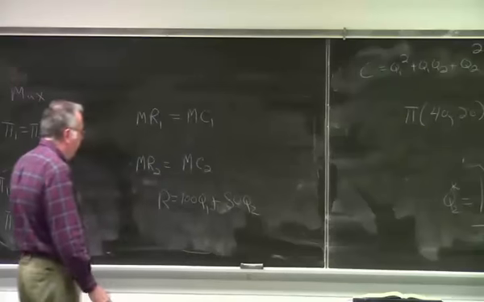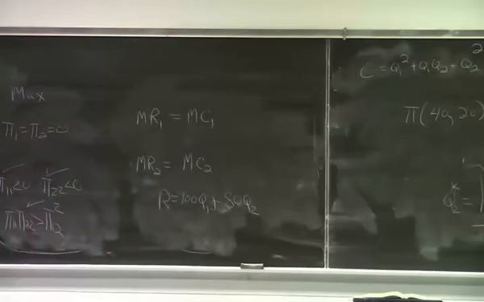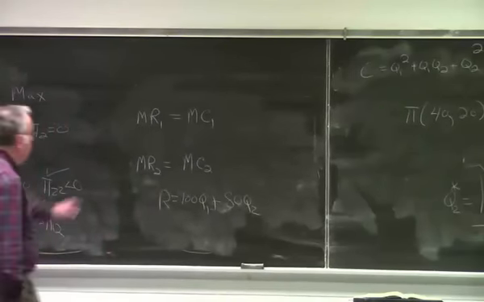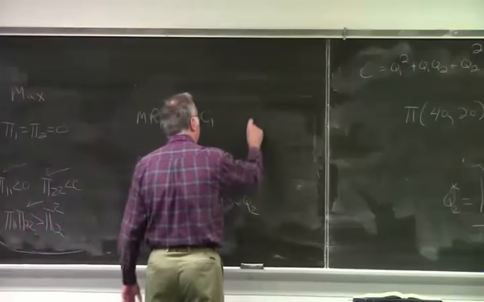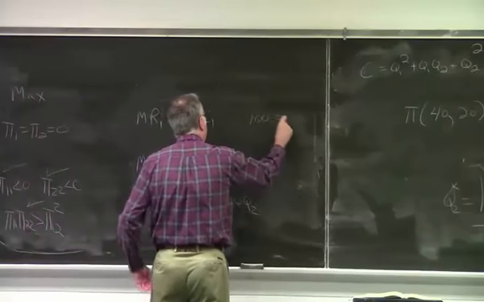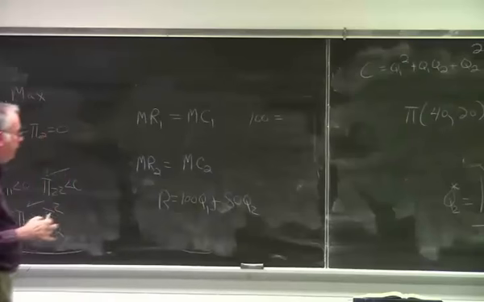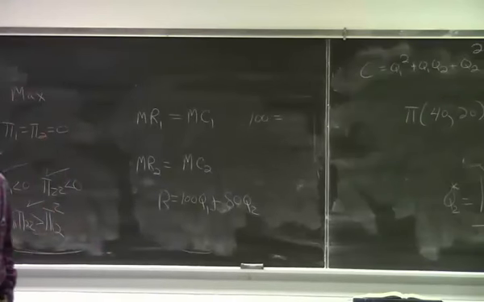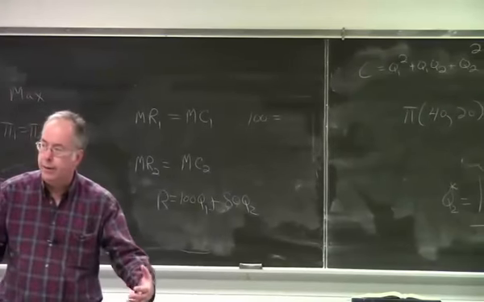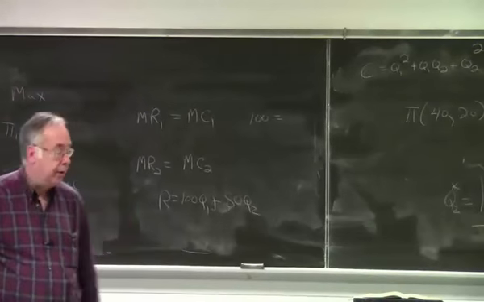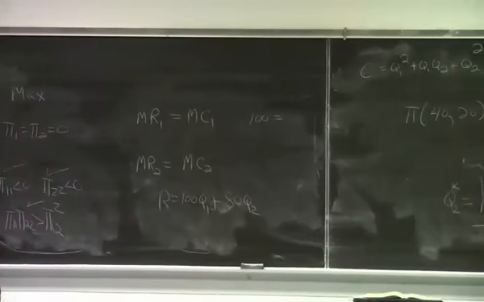So the marginal revenue of producing product 1 is just 100. For every extra unit of product 1 the firm produces, they sell it for $100. So that's the marginal revenue of product 1, constant at 100. What about the marginal cost of producing product 1?